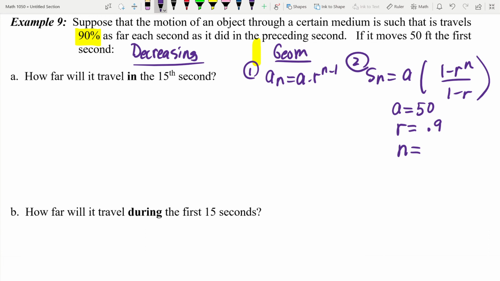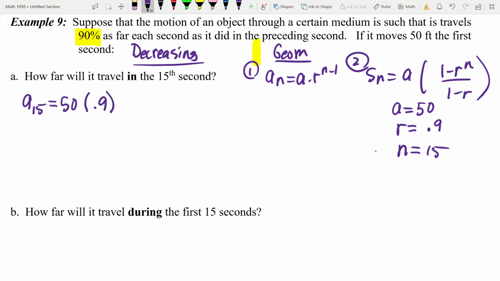So how far will it travel in the 15th second? Well, in this particular problem, part A, our n is 15, okay? So tell me, again, do I use equation 1 on question A or equation 2? Equation 1, it's in a particular second, okay? So it's number 1. Thank you so much. So a sub 15 is the first one, which is 50, times the ratio, which is 0.9, raised to the 15 minus 1, which is 14.